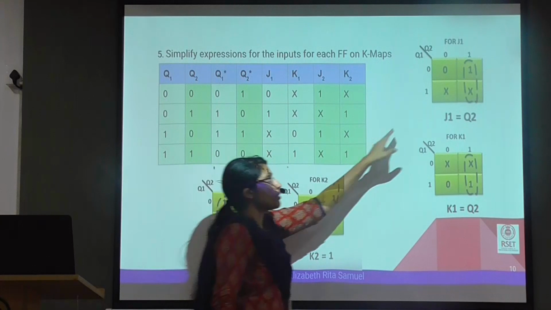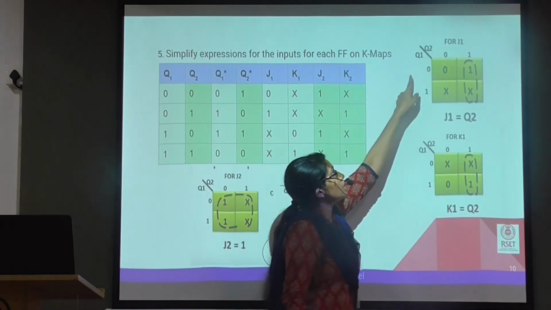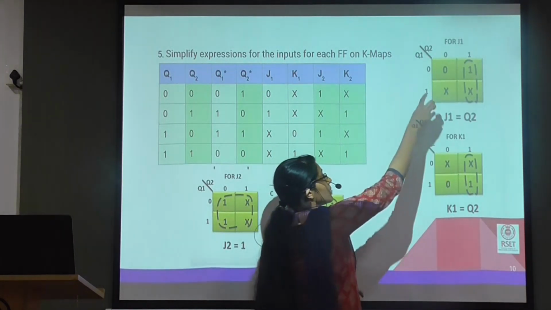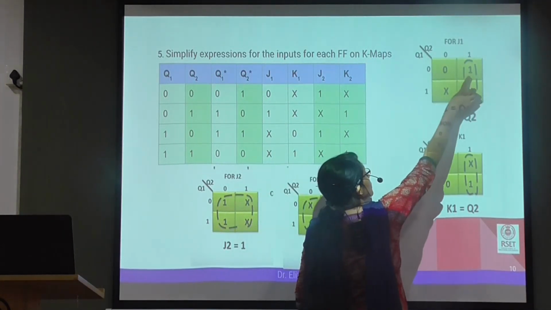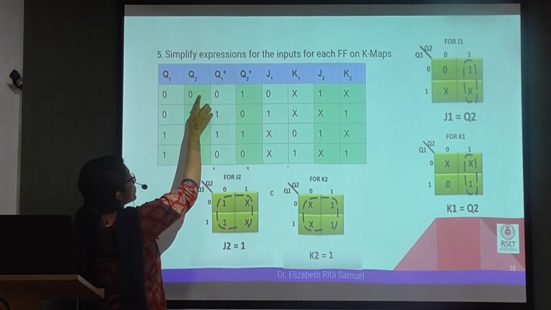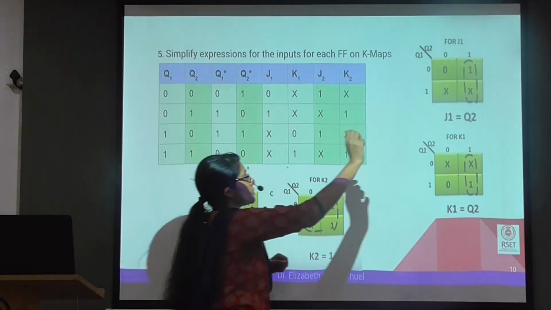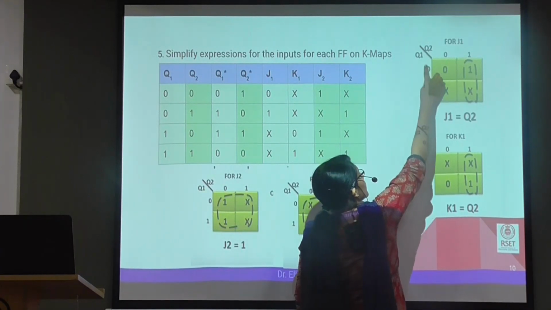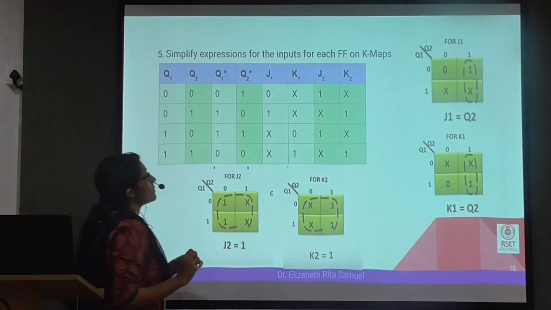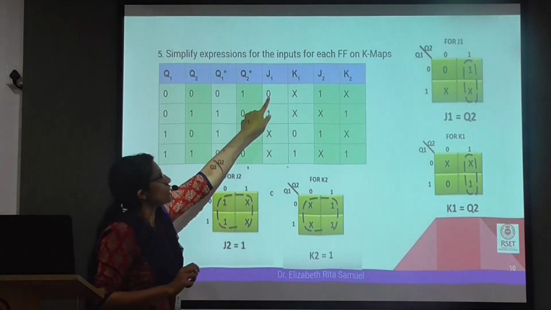So we make a 4-cell K-map with Q1 and Q2, and for Q1 and Q2 we represent here 0, 1 and here 0, 1. When Q1 and Q2 are 0, 0, that is this cell, where Q1 is 0 and Q2 is 0, for that value we have seen J1 is 0.